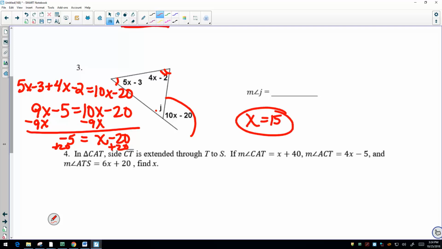But we're not done because they wanted us to find angle J. In order to find angle J, I'm going to find my exterior angle. The exterior angle, I'd have to do 10 times 15, so that's 150, minus 20. So that's going to say my exterior angle is 130 degrees. But I want angle J. Angle J and the one that we found for 130 are linear pairs.